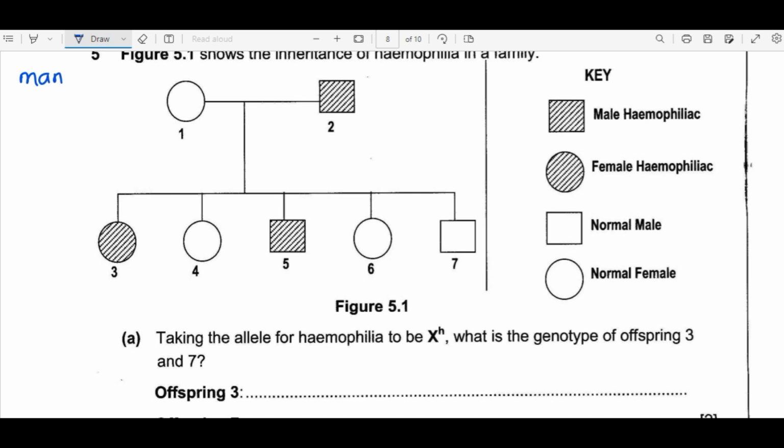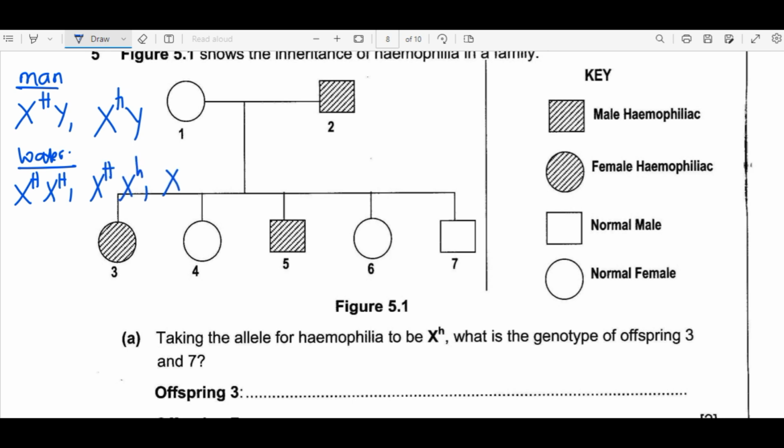We'll first begin by giving them some genotypes for a man. When a man is 100% okay, this is the genotype. If the man is sick, this is the genotype. So for a man, there are only 2 options. We have sick or okay. Now for a woman, the case is different. A woman who is 100% okay will have capital letters HH. Then a woman who is a carrier must have 1 capital letter and 1 small letter.